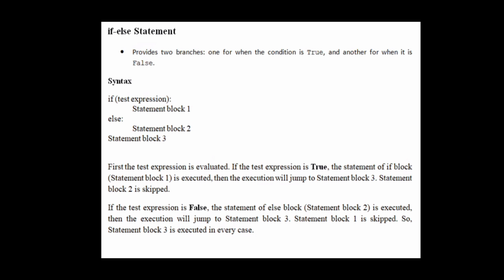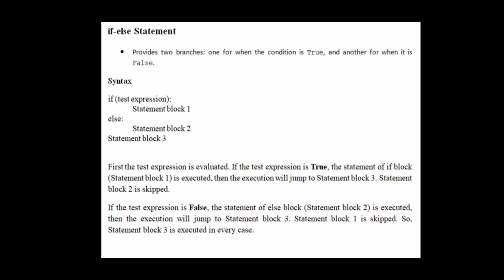Here, first the test expression is evaluated. If the test expression is true, the statements of the if block, that is statement block 1, are executed, and then the execution jumps to statement block 3. Statement block 2 is skipped. If the test expression is false, the statements of the else block, that is statement block 2, are executed, and the execution jumps to statement block 3, and statement block 1 is skipped.